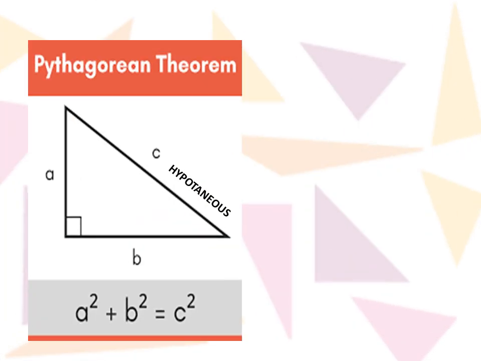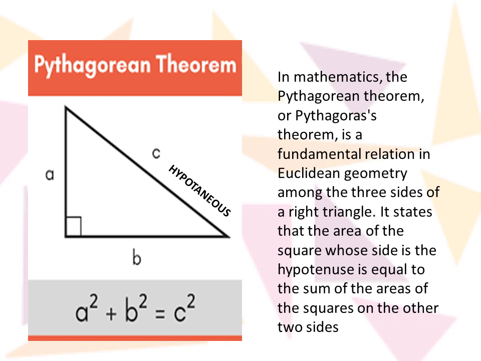Now we are going to see the most important thing about the triangle, the Pythagorean theorem. In this Pythagorean theorem, we will be considering a right angle triangle. The most important thing is what triangle we consider? That is a right angle triangle. Here we see it's a right angle, that means at this point it is 90 degrees.